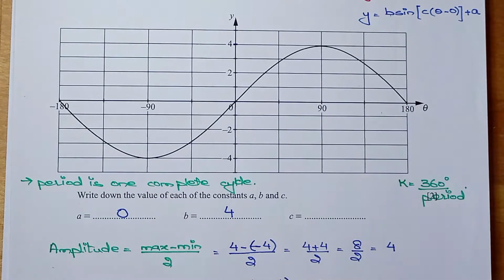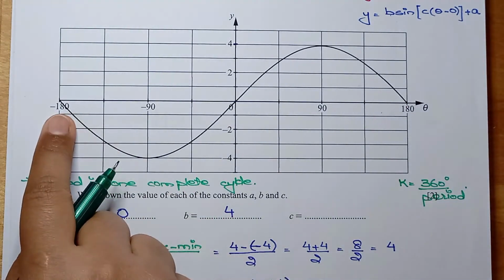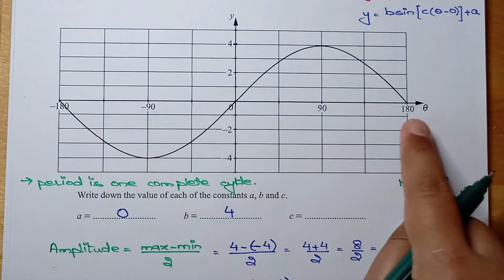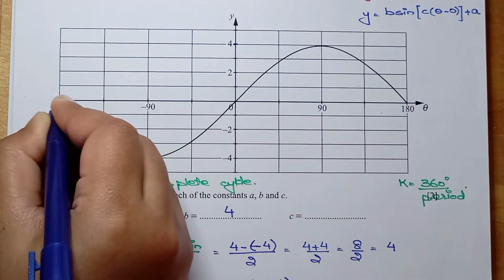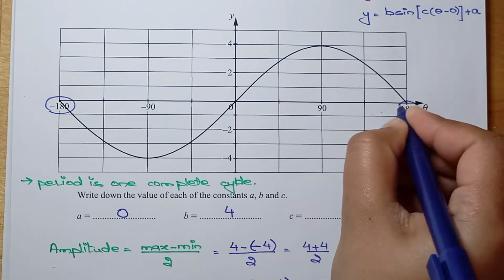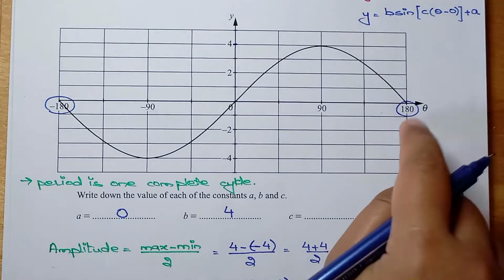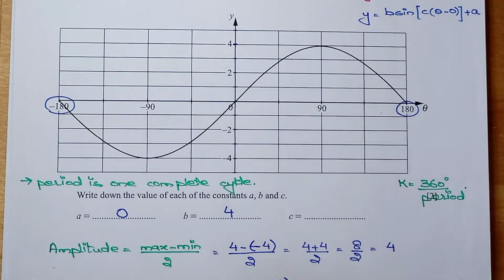So now how can we find it? As you can see, its starting point is minus 180 and the ending point is 180. So to find out the period, we need to pick the starting point, that is minus 180, and the ending point, and we can subtract. Ending minus starting, we will get the period, right?